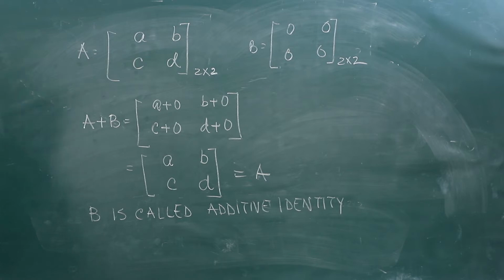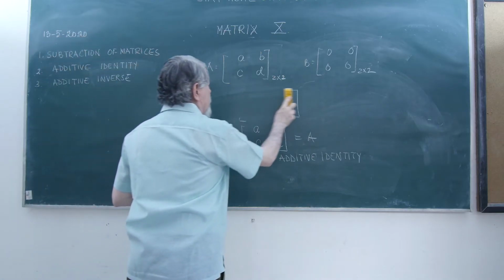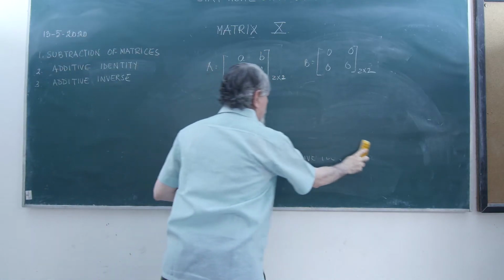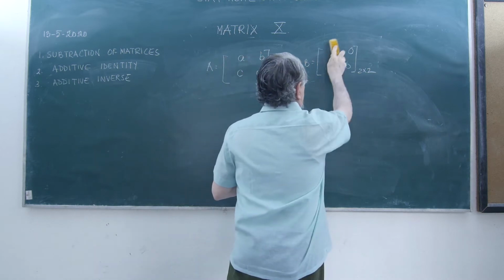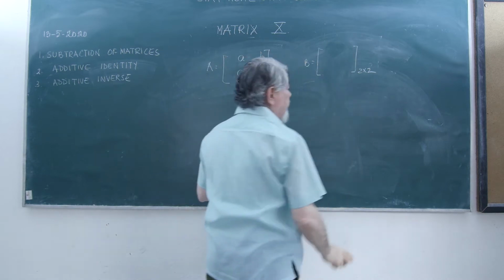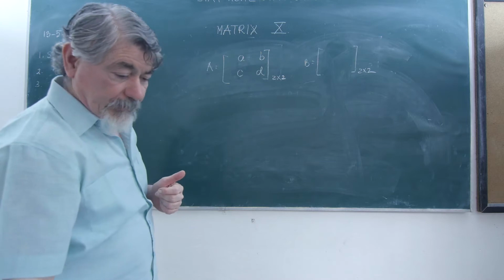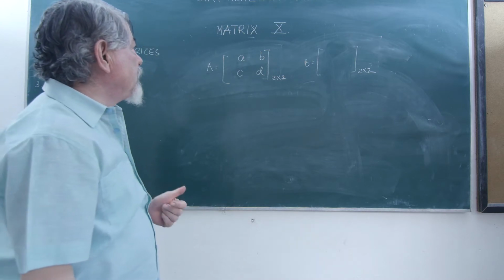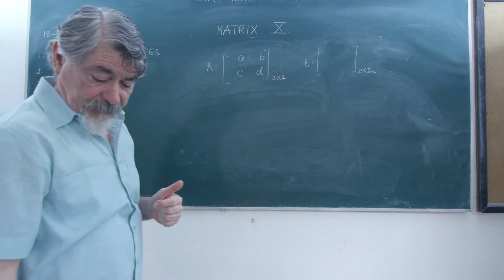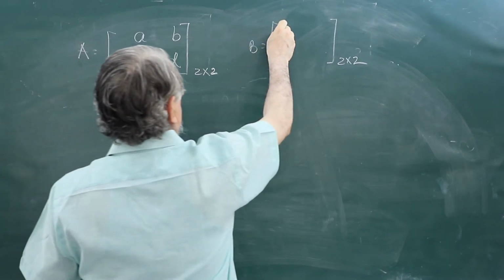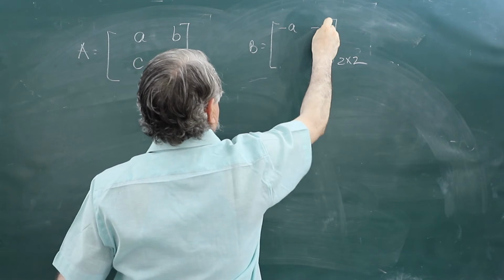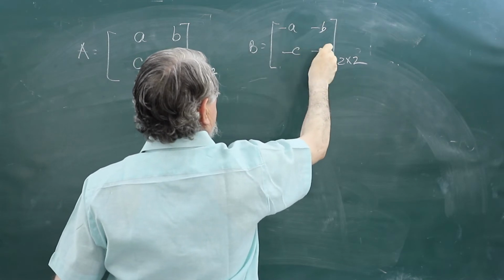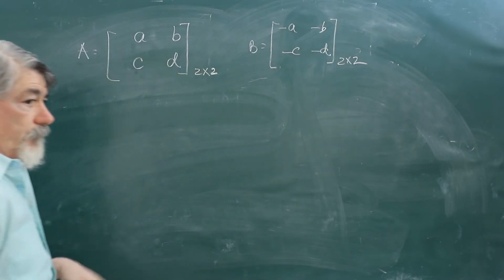What is additive inverse? Let me take the same example, that is A is a, b, c, d, and let me take B to be minus a, minus b, minus c and minus d.